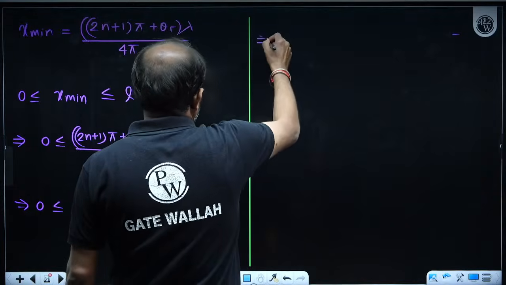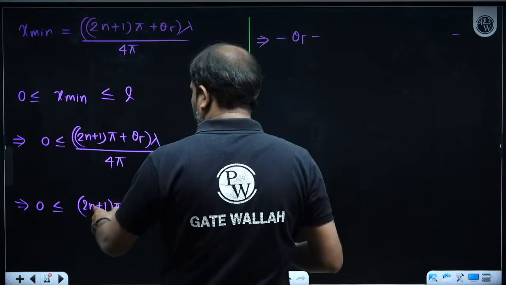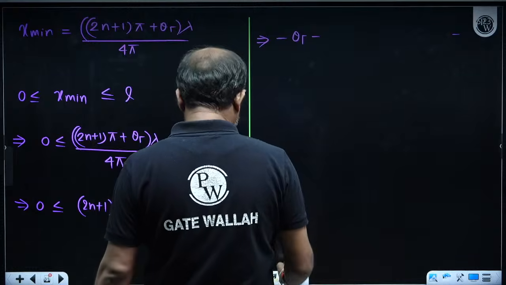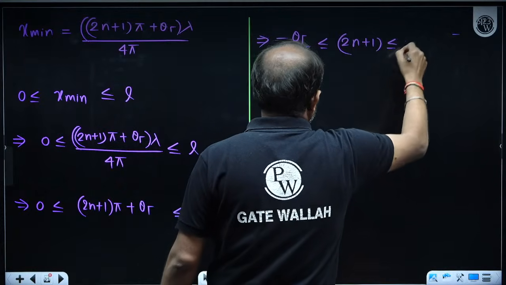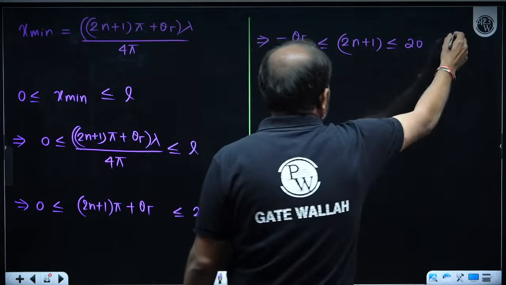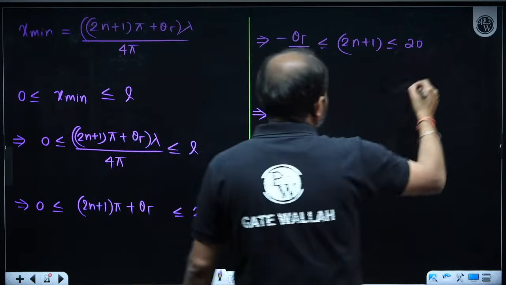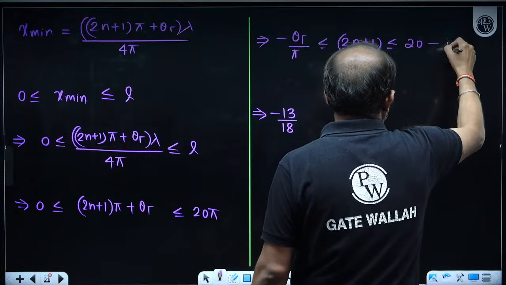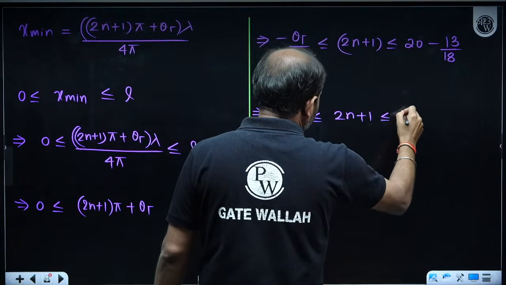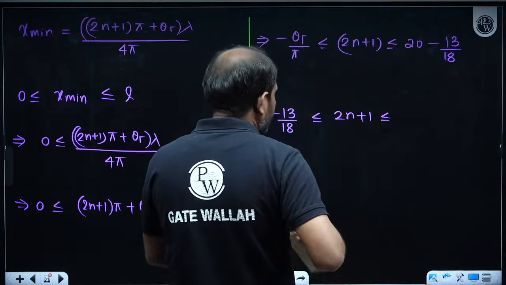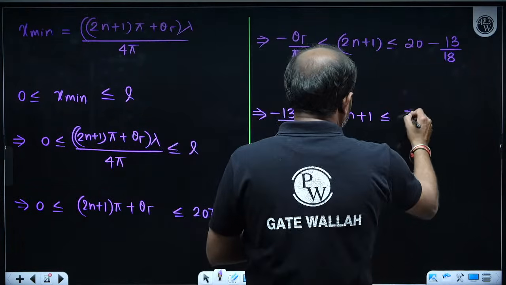So it will be minus pi, go to this side, minus theta gamma, divided by pi. 2n plus 1 is equal to 20 minus theta gamma by pi, that is 13 by 18, 347 by 18.